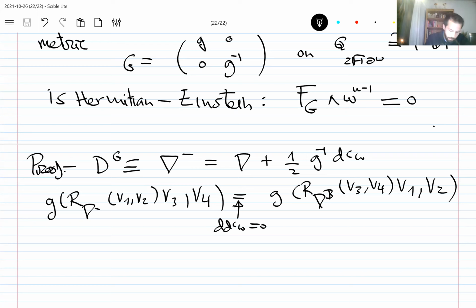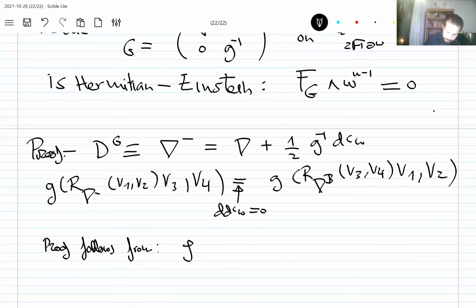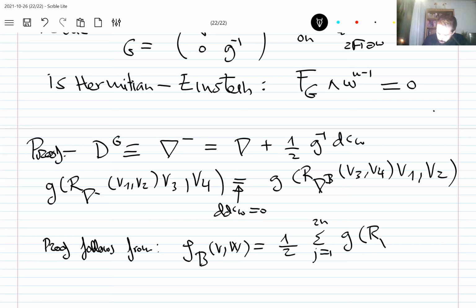So the proof now follows from the following formulas, which are basic. So on the one hand, we can calculate rho B of the vectors, summing over an orthonormal basis. And here I should put a J, sorry.